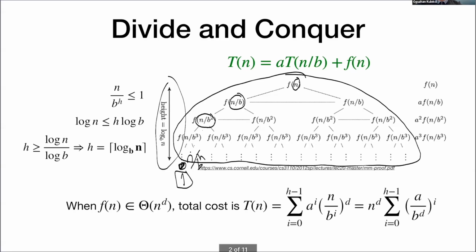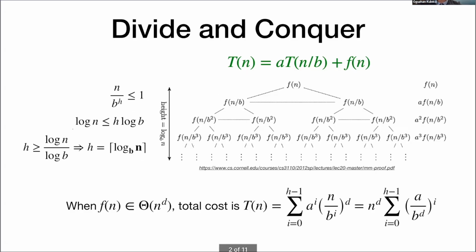If you solve n divided by b to the h less than or equal to 1, by following the algebraic manipulations you will reach that the height of this tree is equal to log n in base b. Now I know the height.